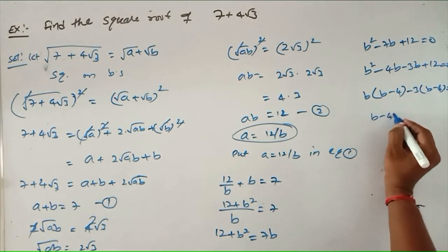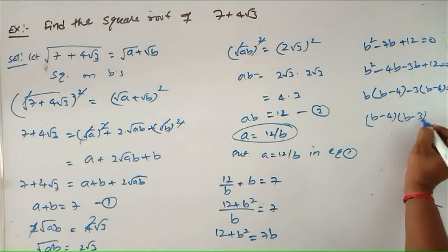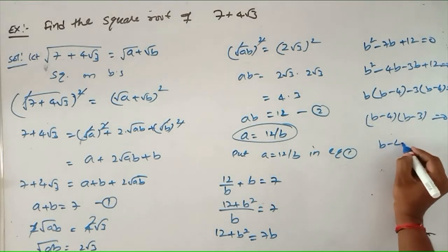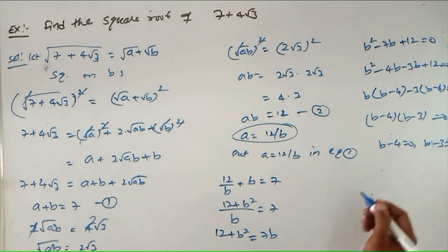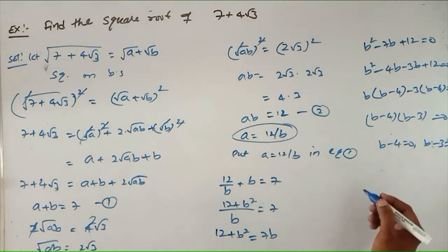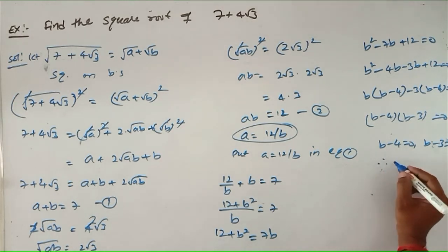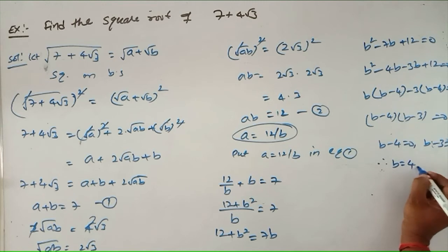So b minus 4 into b minus 3 is equal to 0. Now b minus 4 equal to 0, b minus 3 is equal to 0. Therefore b is equal to 4, b is equal to 3. Now substitute any one value.